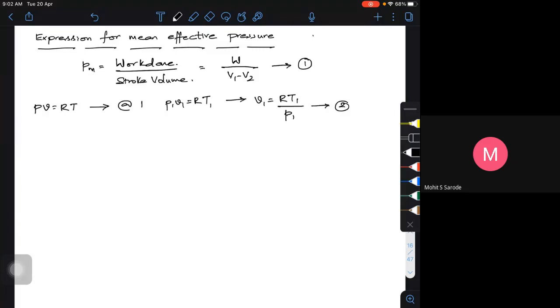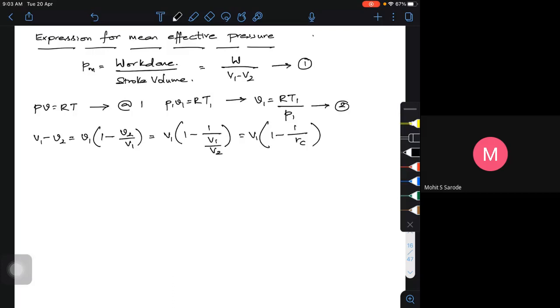Now, what is the stroke volume? That is V1 minus V2, or taking V1 outside, V1 into 1 minus V2 by V1, which is 1 minus 1 by rc, because we know rc is equal to V1 by V2, which we have defined already.